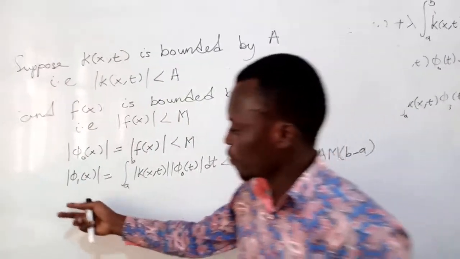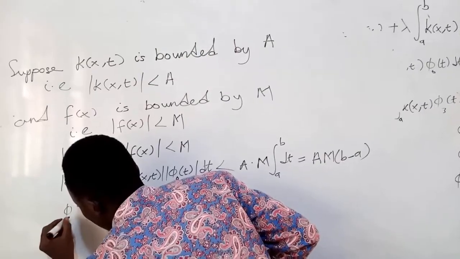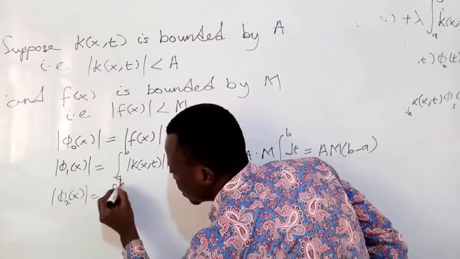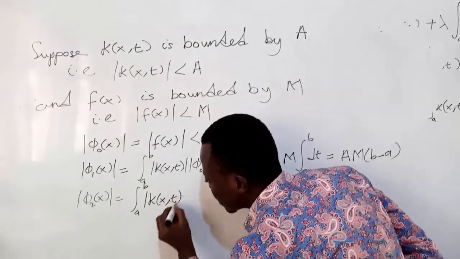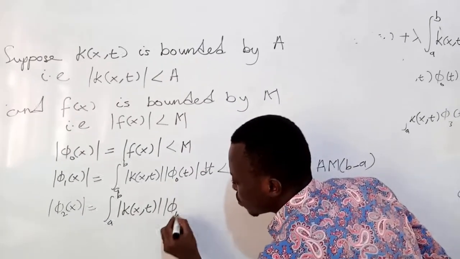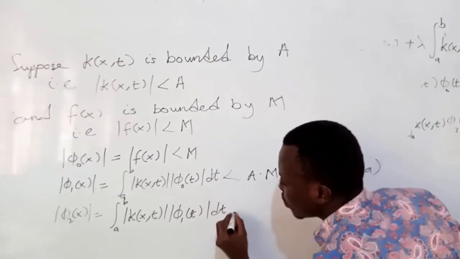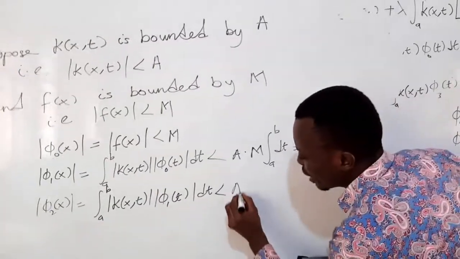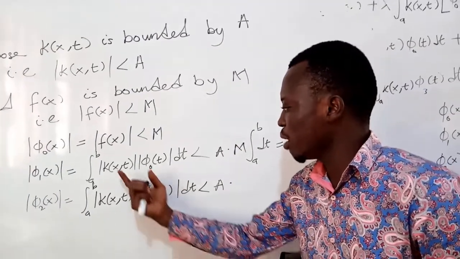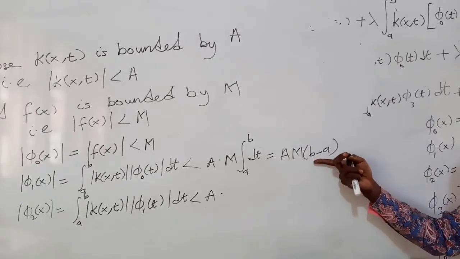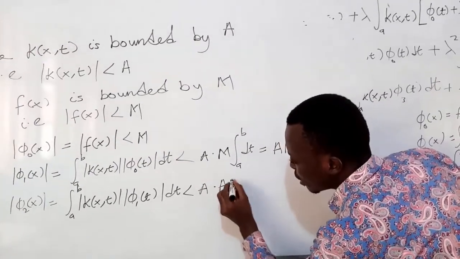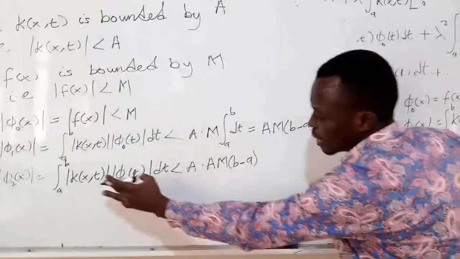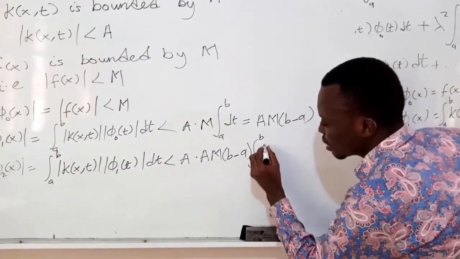Let's take the next one, which is phi 2. The absolute value of phi 2 of s gives the integral from a to b of the absolute value of k of s t times phi 1 of t dt, which will be less than: the kernel is bounded by A, and phi 1 is bounded by A M (b minus a), with the integral from a to b dt.